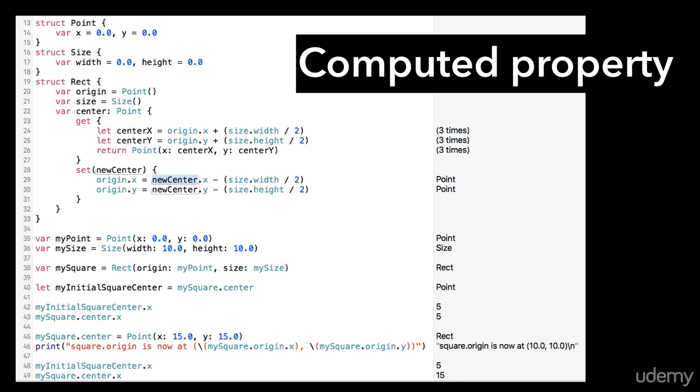One is a point, the very first one at the top with the x and y. The second one is the size with the width and the height. The third one is the actual rectangle, where we're going to use the point and the size as the stored properties. And then we have our center, and the center is going to be our computed property.